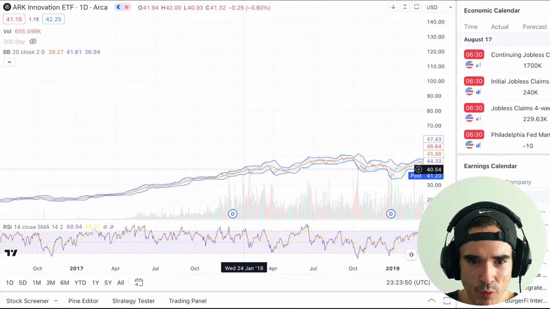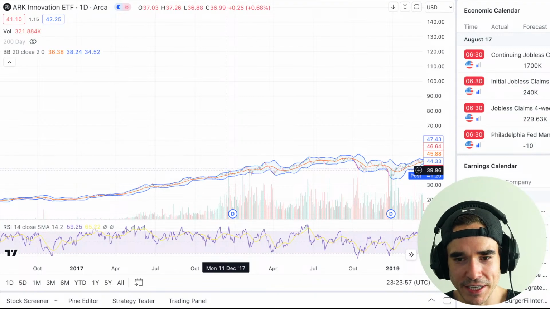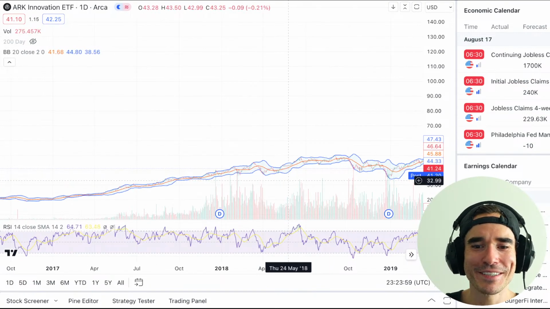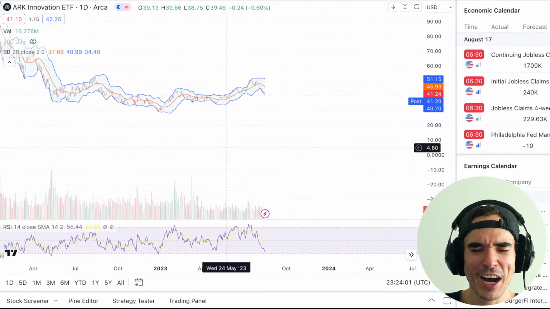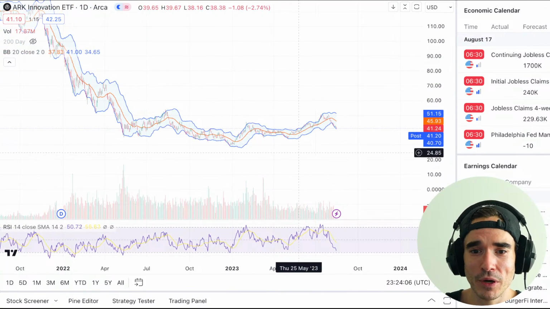So the first time we entered this price zone was end of 2017, early 2018. That's crazy. And so everything is really on sale, I guess, is kind of what it looks like to me.